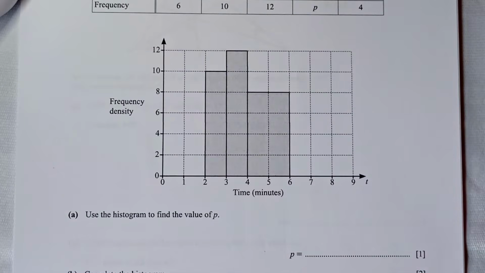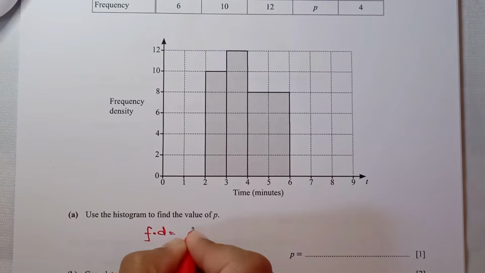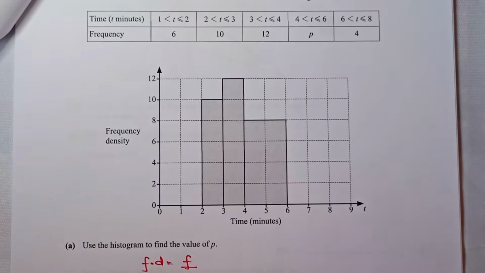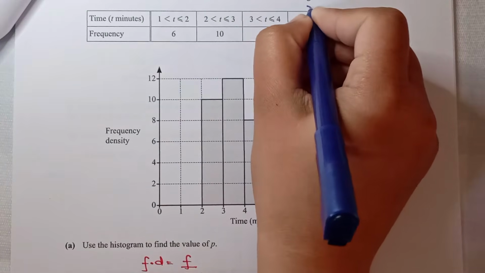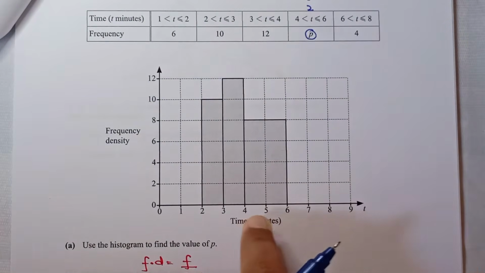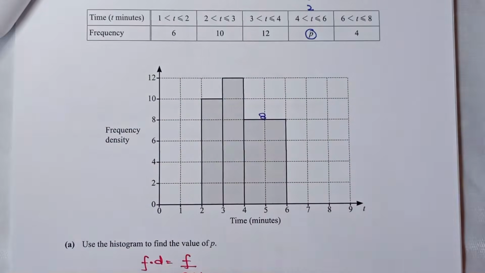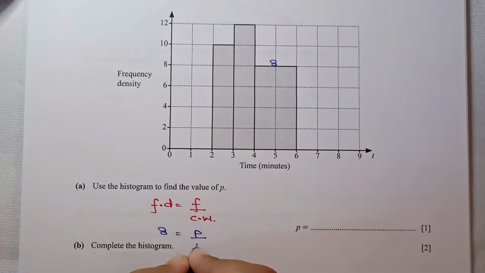Now for A, use the histogram to find the value of P. So to find the value of P, we need to use the formula that frequency density is equals to frequency over class width. Okay, now for P, if the frequency is P, the class width 4 to 6, the class width is 2, right? And from 4 to 6, the frequency density is 8. This is a frequency density 8. Okay. Now frequency density is 8, frequency is P, and the class width is 2. So P would be 8 times 2, this would be 16.